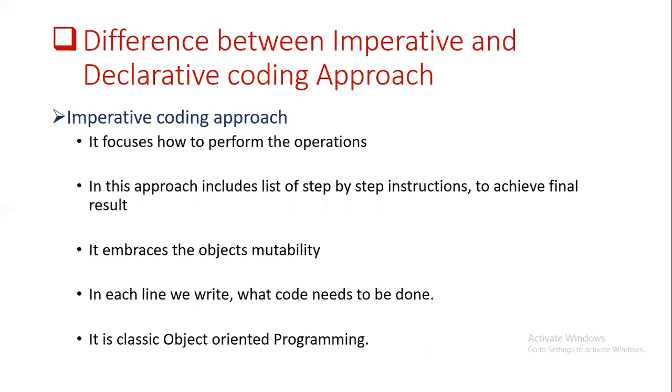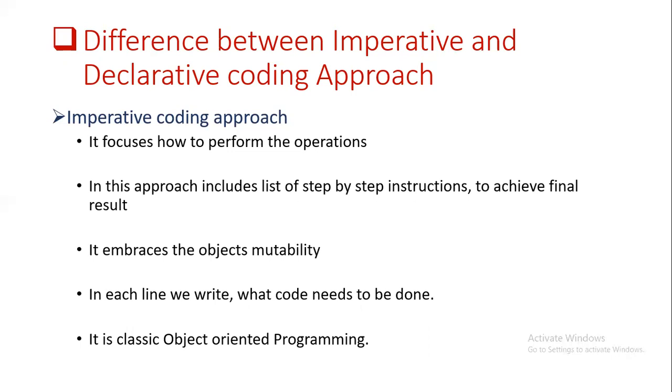We declare a variable, pass that variable to a method, and that method returns something. Then we call some other method by passing that result value. So there will be a long list of steps to get the result. The imperative coding approach embraces object mutability, meaning it embraces mutable objects.